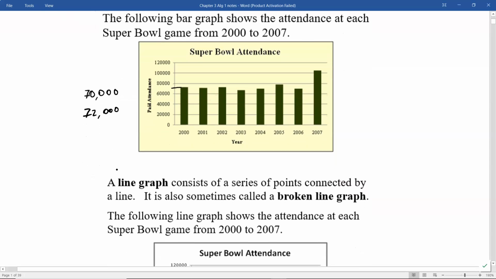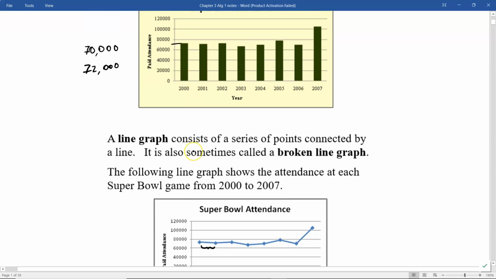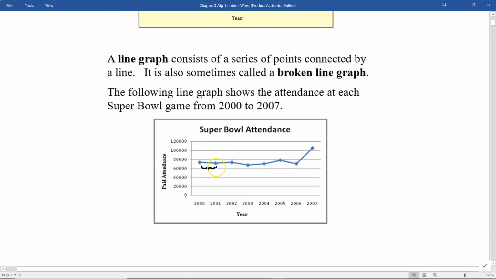Another type of graph that we can do this for is a line graph. What a line graph does really well is it shows the change in years. So instead of having these bulky bars, a line graph just shows you points and then connects those points with a straight line. So anytime a point is going down, that tells you that it's decreased a little bit.